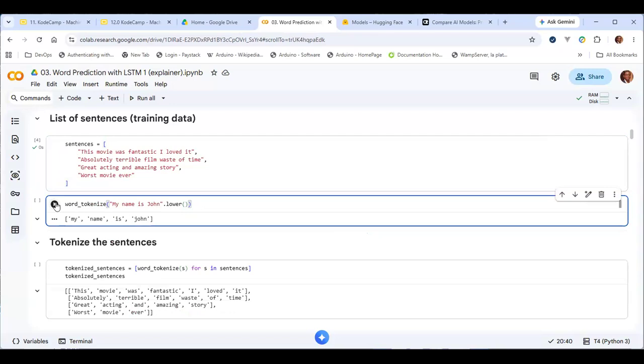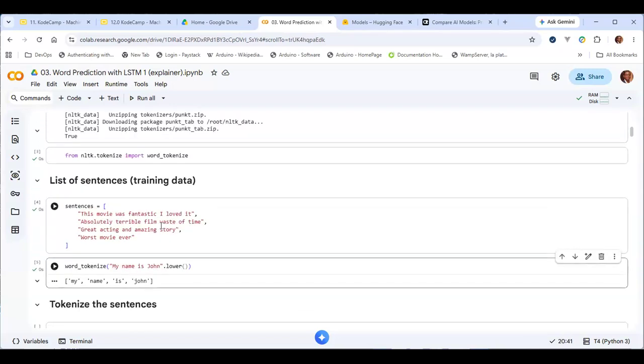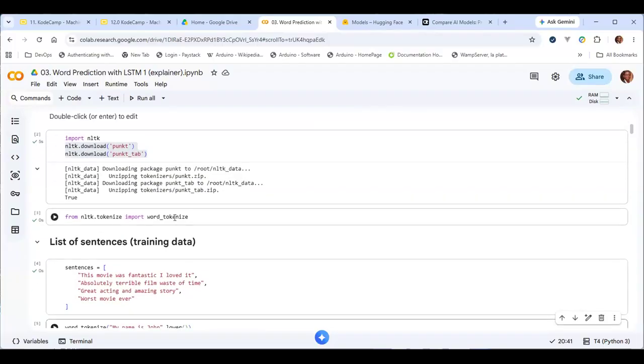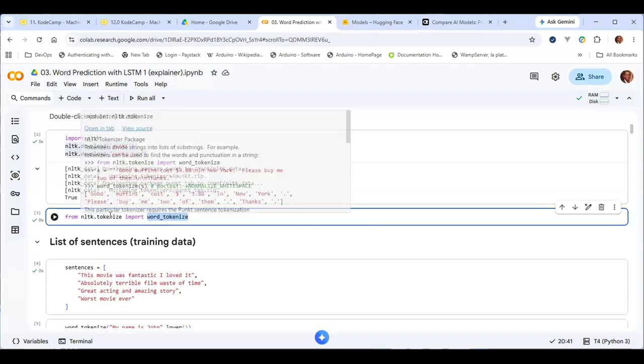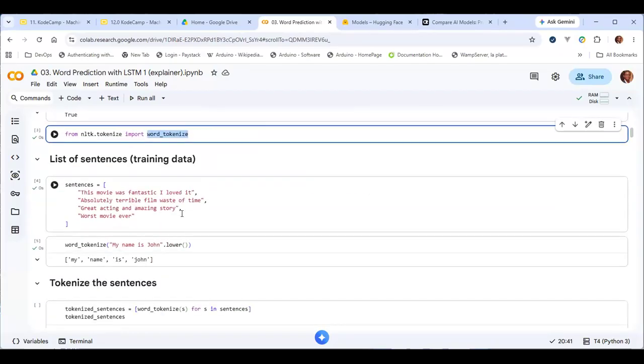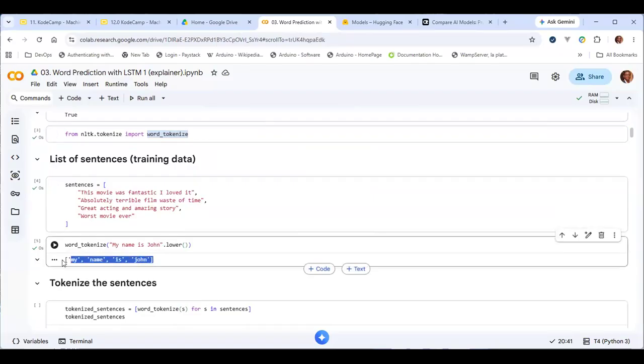So here, the first thing is to tokenize. Tokenize is just a very simple function that NLTK provides. Word tokenize basically tokenizes the sentence on word boundaries. Simple, easy to understand. So this sentence, my name is John, is tokenized into this, right? It basically splits into the different words that make it up.